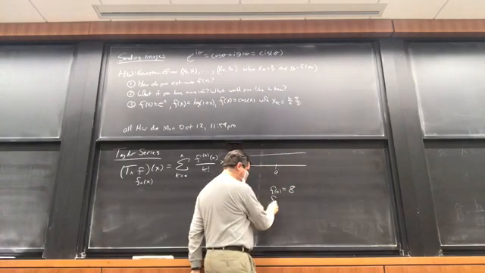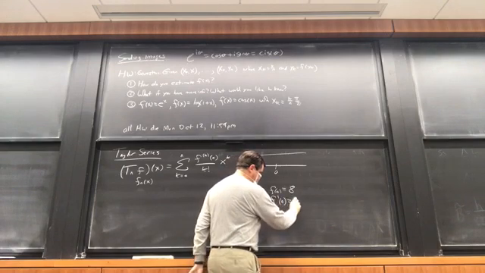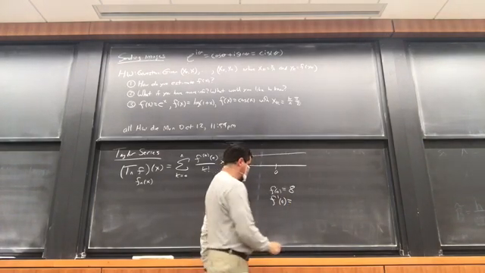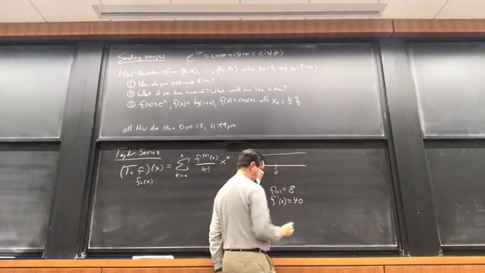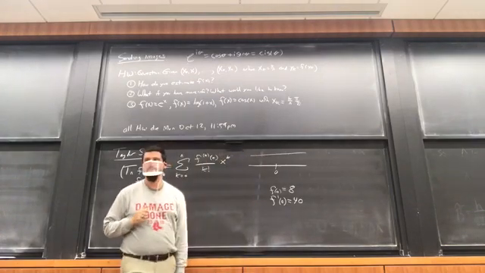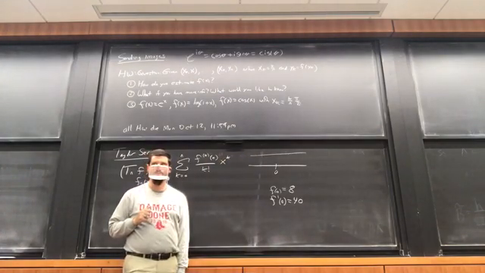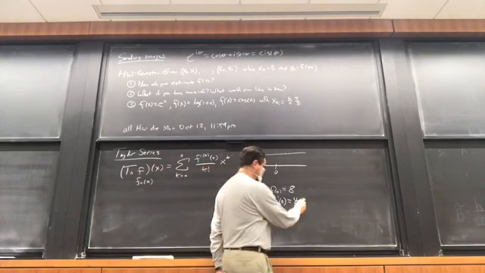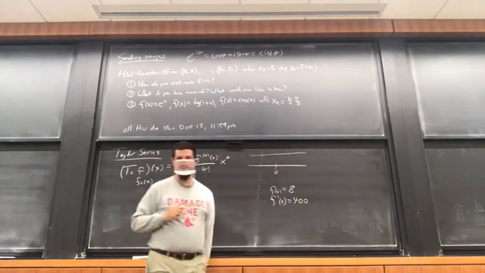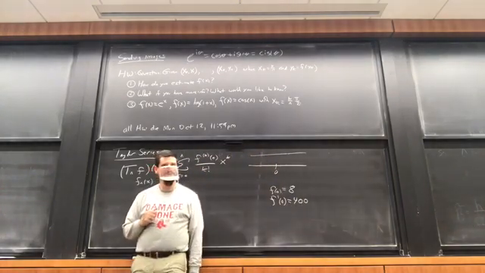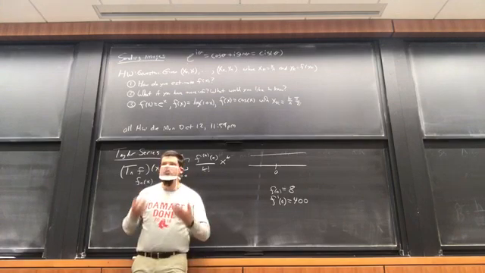Or keeping all things local, maybe f prime of 0 is 40. Here, let's make it even higher. Make it 400. So you are traveling 400 miles an hour.